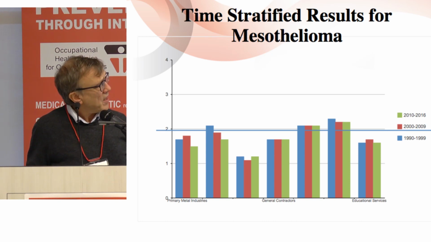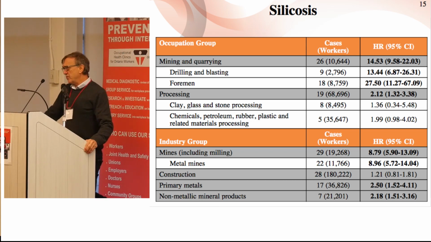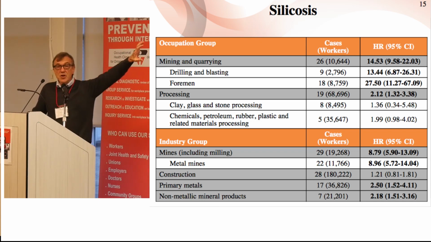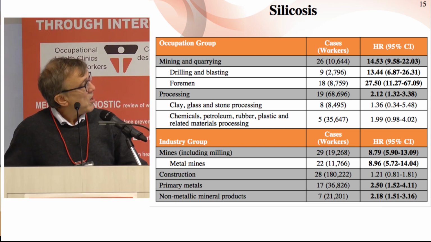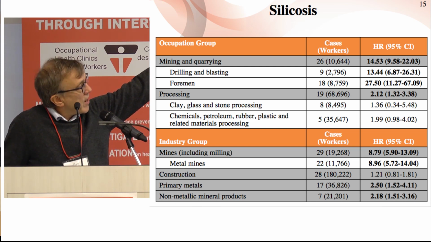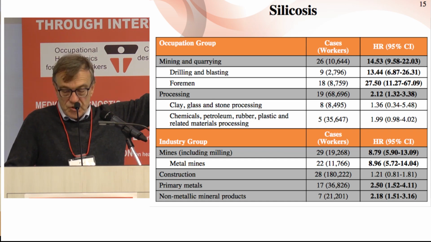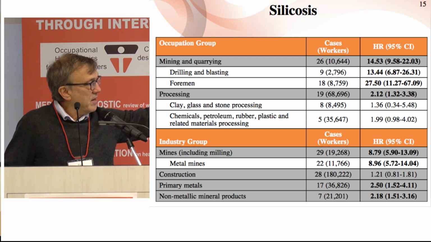The next group I wanted to talk about was silicosis. This is another one that we've known about a long time. I can't remember whether asbestos was fourth or fifth on our list, but silica was also on our occupational disease list. What you see here are the risks in groups where we would actually expect drilling and blasting, clay, glass, stone processing, lots of groups where we expect silica to be.